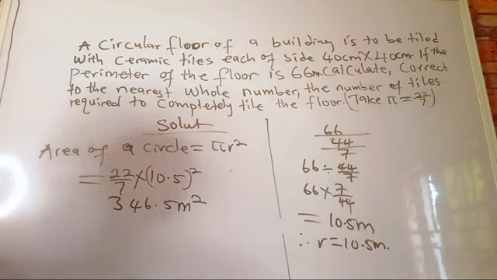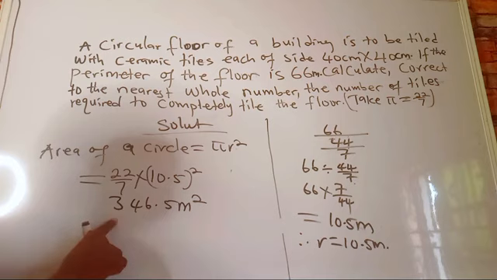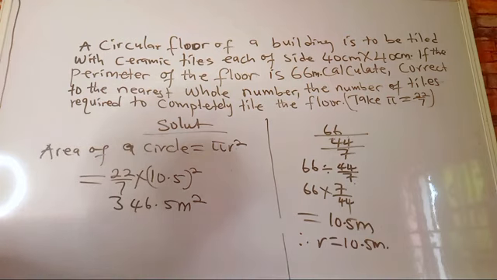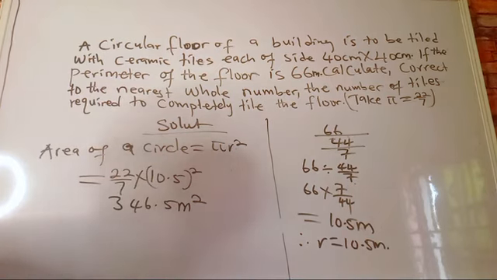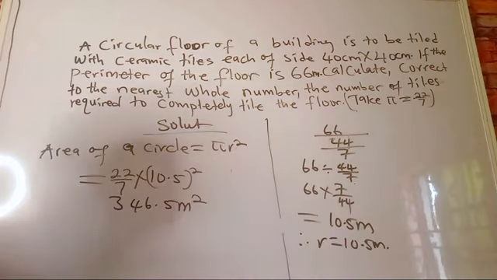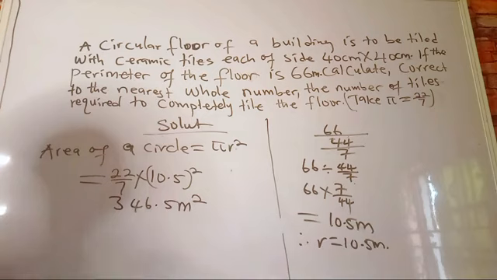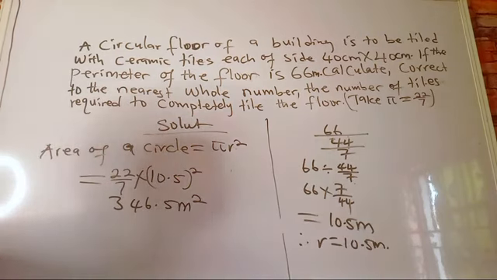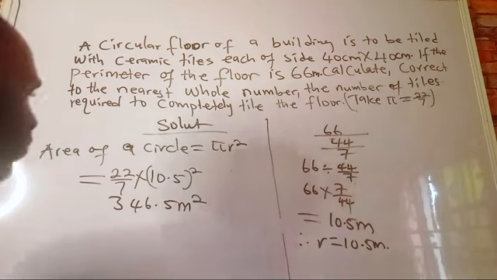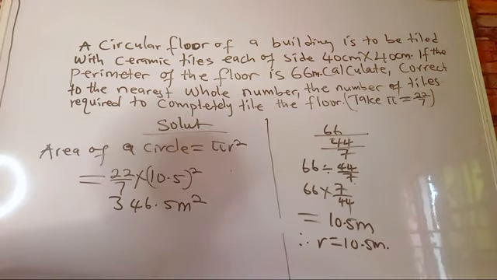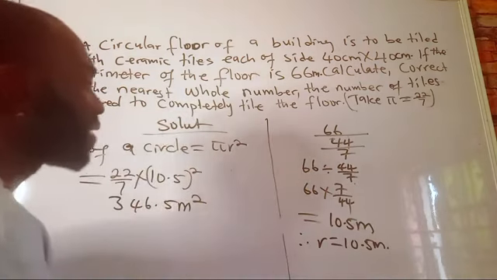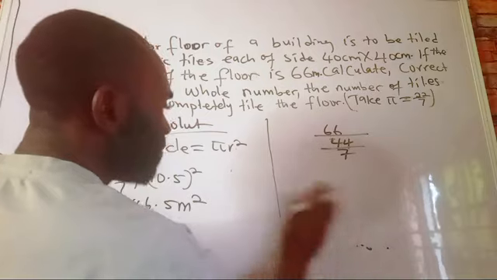Now, since we know the area of the building, let's also know the area of the tile, so that we know exactly how many tiles will fit into the building.